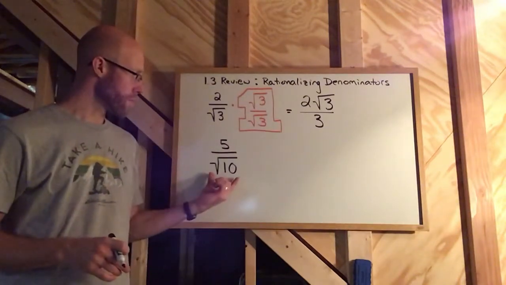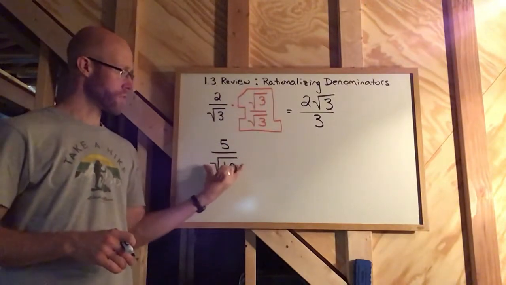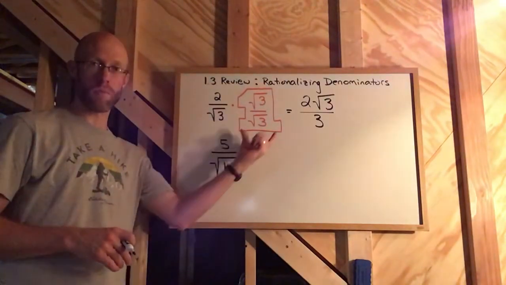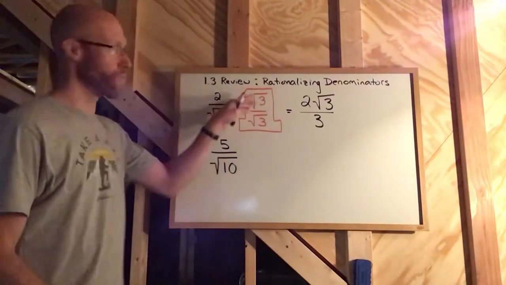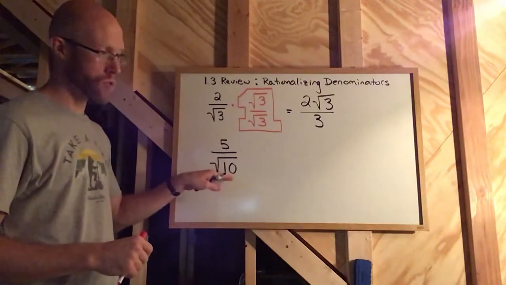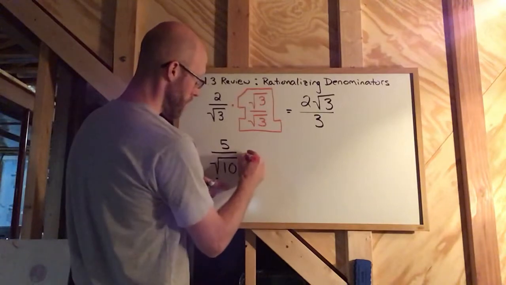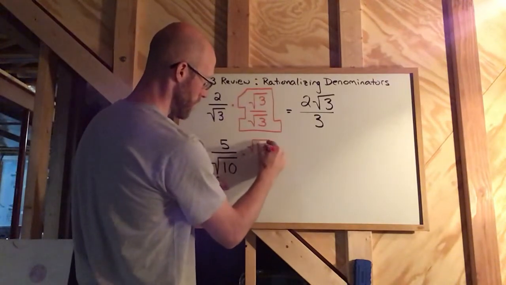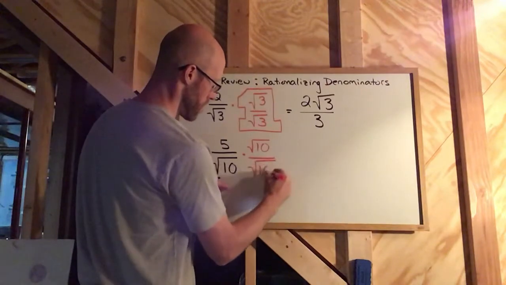Well, in this example, again, I'm going to rewrite this fraction without changing its value. So I'm going to multiply by 1. Rather than writing that in, I'm just going to use the denominator. So we're going to multiply by the square root of 10, which is the denominator, over the square root of 10.